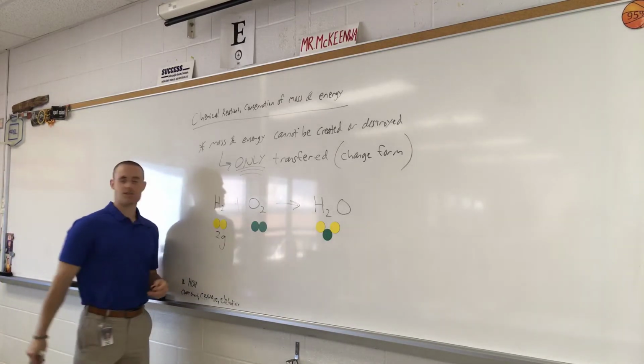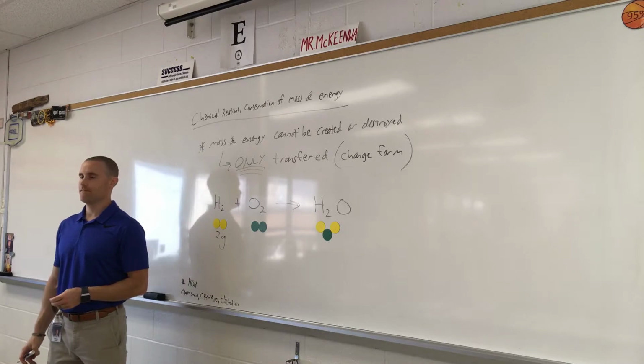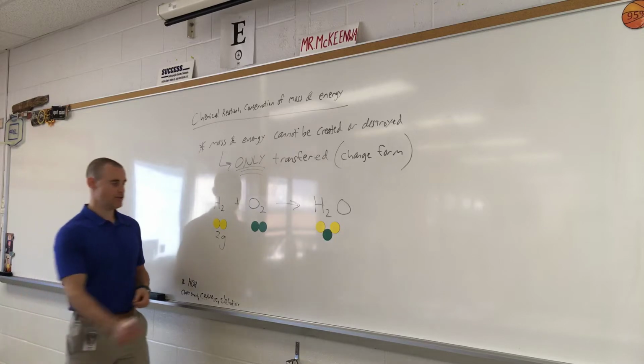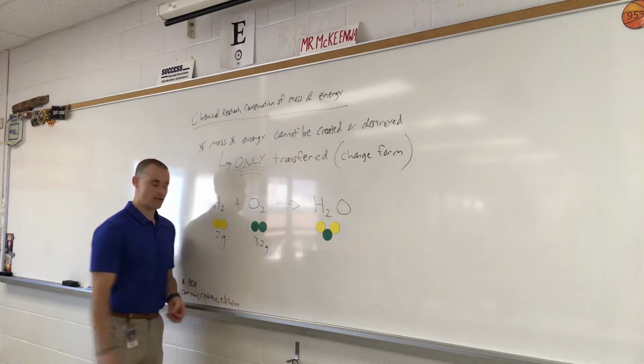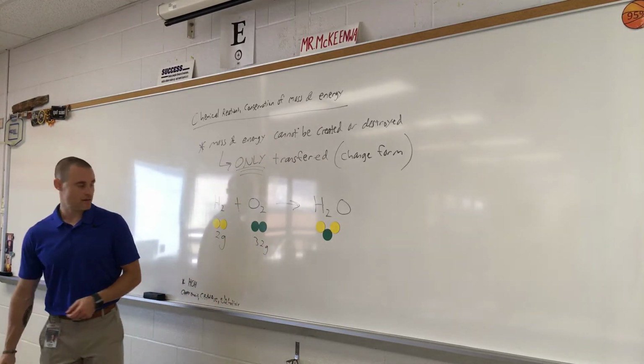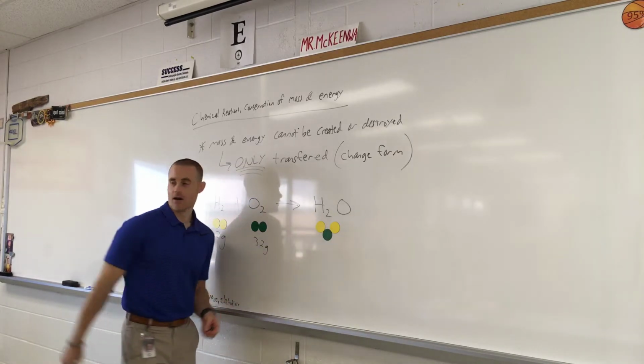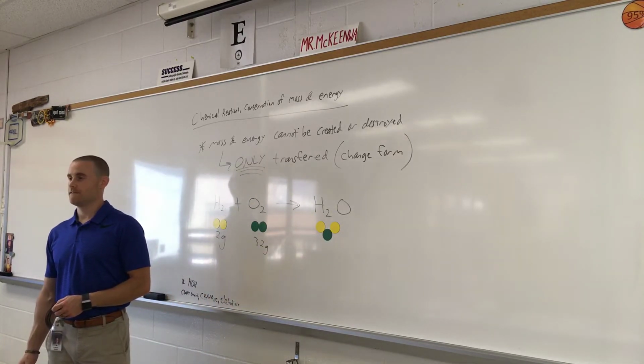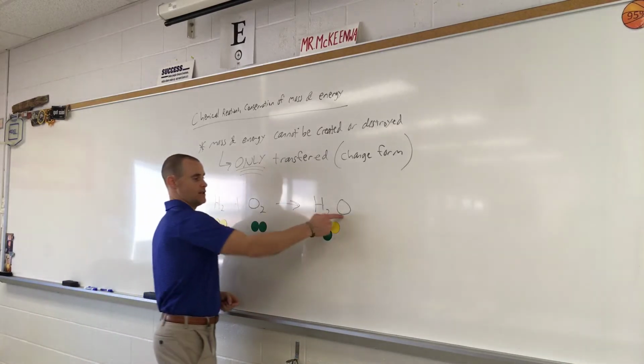What would the mass of 2 oxygens be? What? That's for 1 O. We have 2. 32 grams. What's 2 plus 32? 34. Okay, what's the mass of water? 18. 16 plus 1 plus 1.